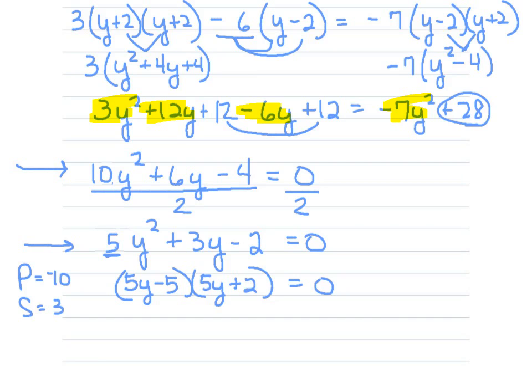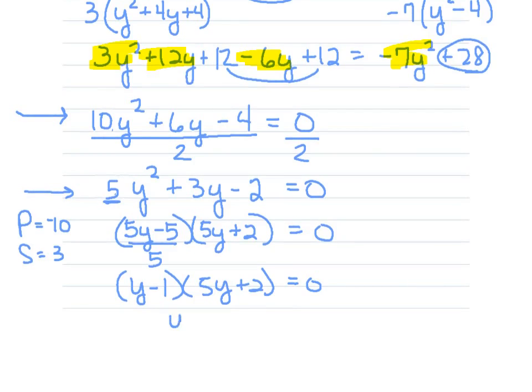And then I need to correct my mistake by dividing one of these by 5. So we have (y - 1) times (5y + 2) is equal to 0. Let's solve. y equals 1 and y equals negative 2/5.